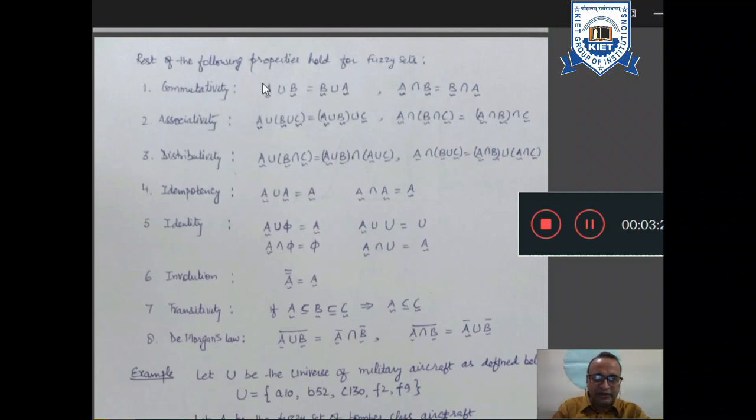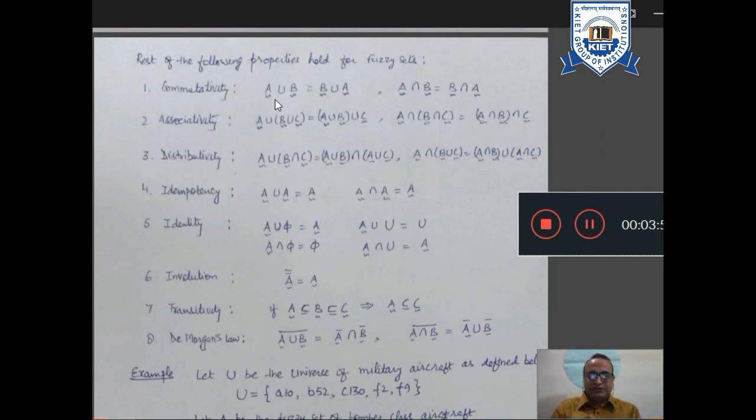As you have already seen here, fuzzy set A has all the elements of the universe of discourse. B also has all the elements of the universe of discourse. But in A, elements have different membership values, and in fuzzy set B, elements may have different membership values. Once we make the union of these two sets, the membership value will change, and the union set takes the highest membership value among these two sets.